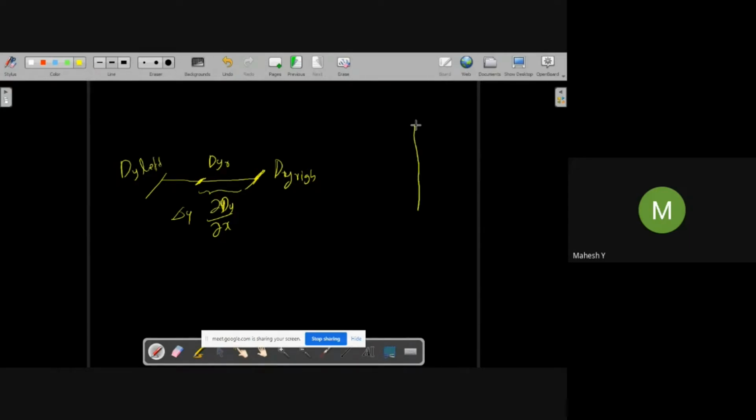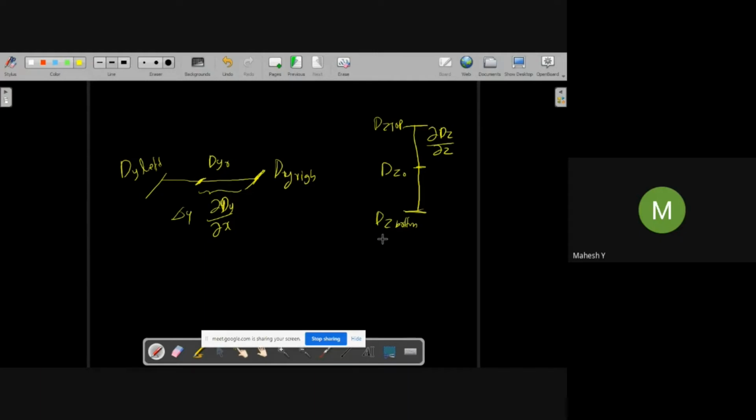Similarly, in the z-axis, at the middle it is dz0, and the rate is dou dz by dou z. Here it is dz top, and here it is dz bottom.